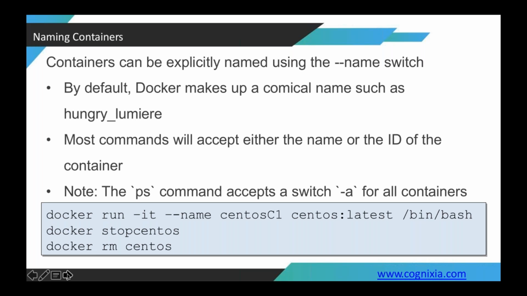And you can remove the container using the docker rm command. That is for removing a container. If you want to remove an image of the container, you can use docker rmi. That will remove the image.